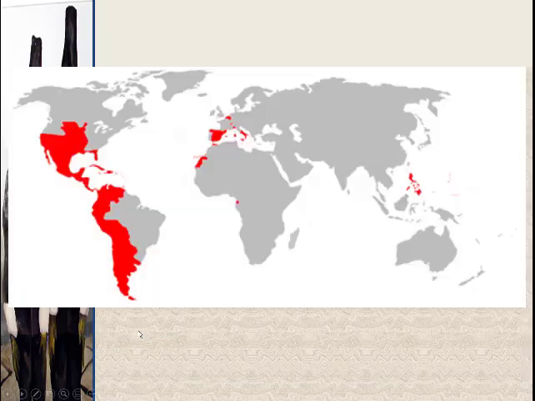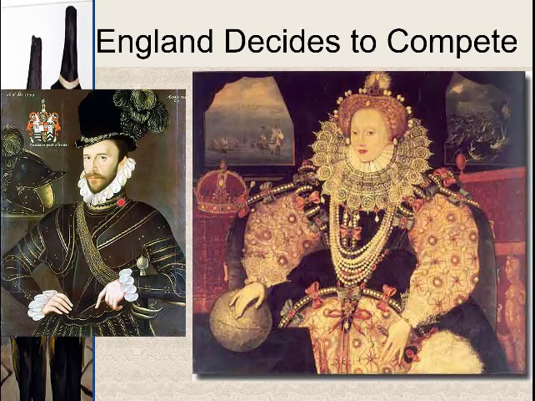And that colony is going to be set up by someone she has been kind of dating, if you will. Queen Elizabeth never marries anybody, but she does date a lot, okay? And so there's this guy here named Sir Walter Raleigh. Sir Walter Raleigh is going to be told by Queen Elizabeth that he needs to hire a ship and colonists to go set up a colony in the New World.